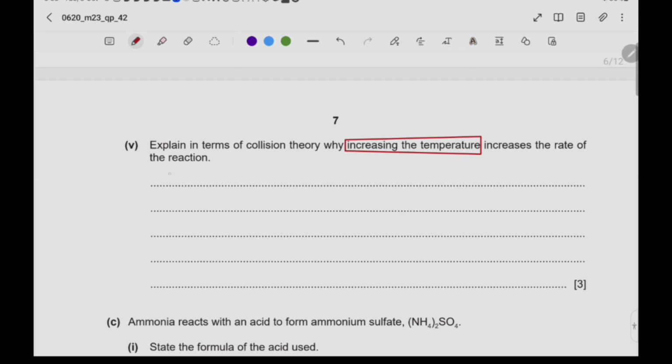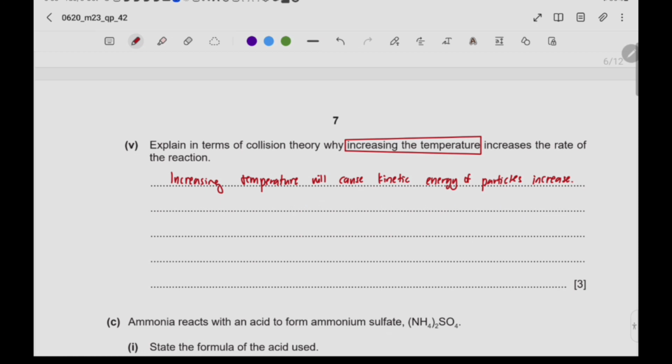So increasing temperature will cause kinetic energy of particles to increase.